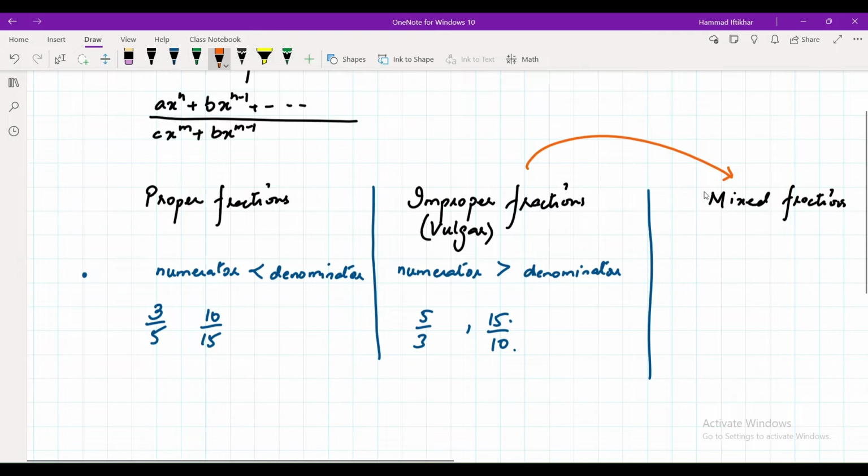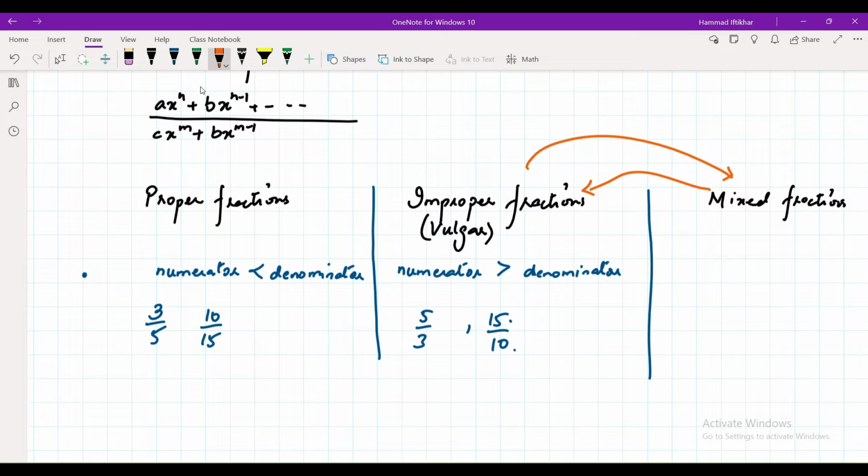And when we have mixed fractions, we can also convert them back into improper fractions. But when we have proper fractions, obviously we do not need to convert them into mixed fractions. So the goal of the conversion from improper to mixed is to convert it into some form of proper fraction. So if the fraction is already proper, we don't need to do anything.